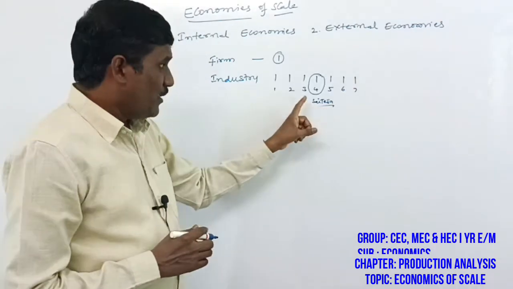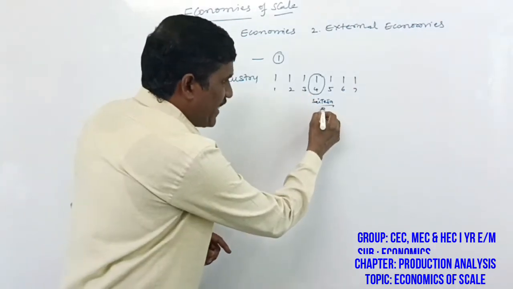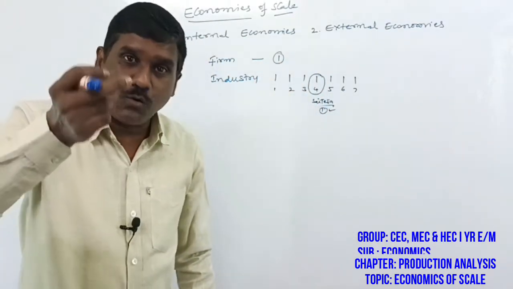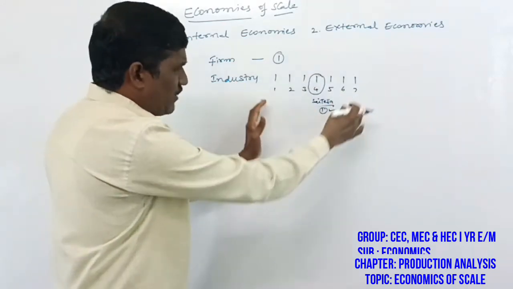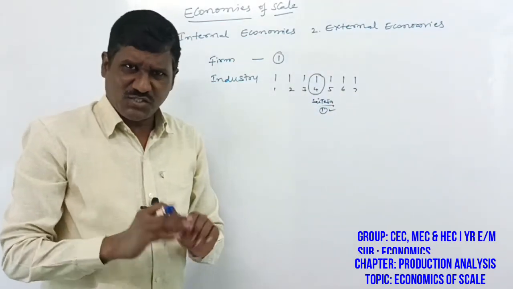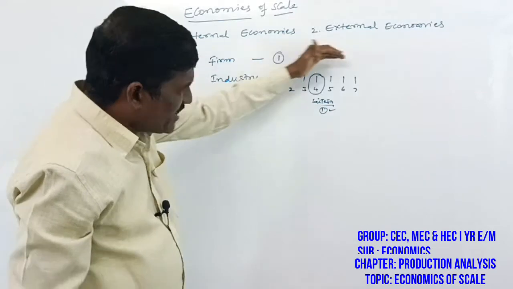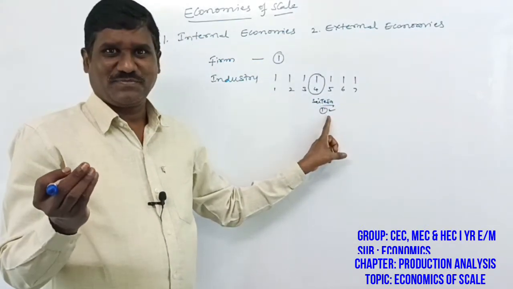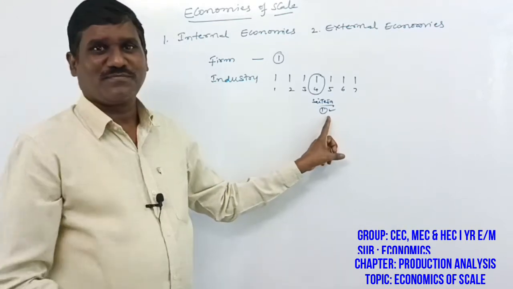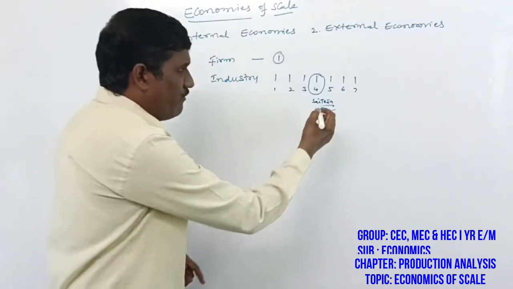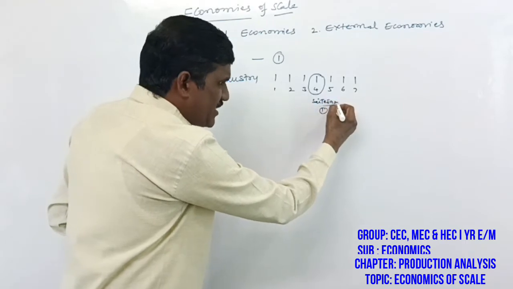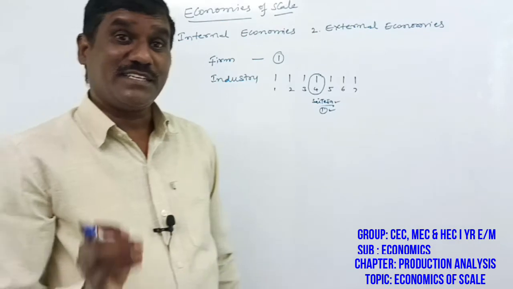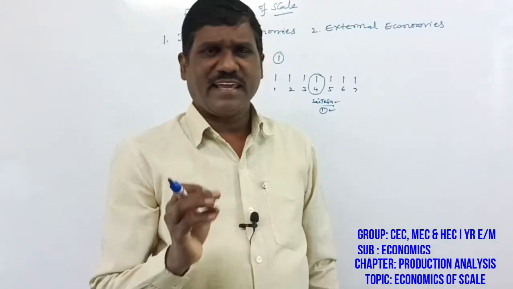Okay? So when a single firm expands its size or increases its output, there are a number of firms in the industry, just as there are a number of students in the classroom, but only Sai Teja is getting more marks. Means a single one. What is the internal? When the single firm, or the single student, can get certain advantages, that is called internal economies, not economics.